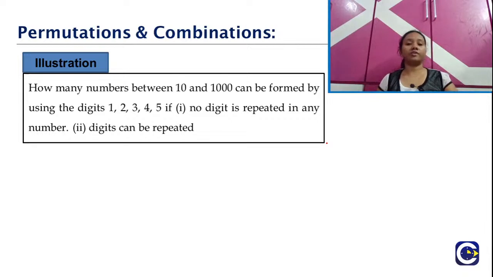We can simply solve it without the application of the formula also. That will be the easiest way to solve it, as we have discussed in our previous session.